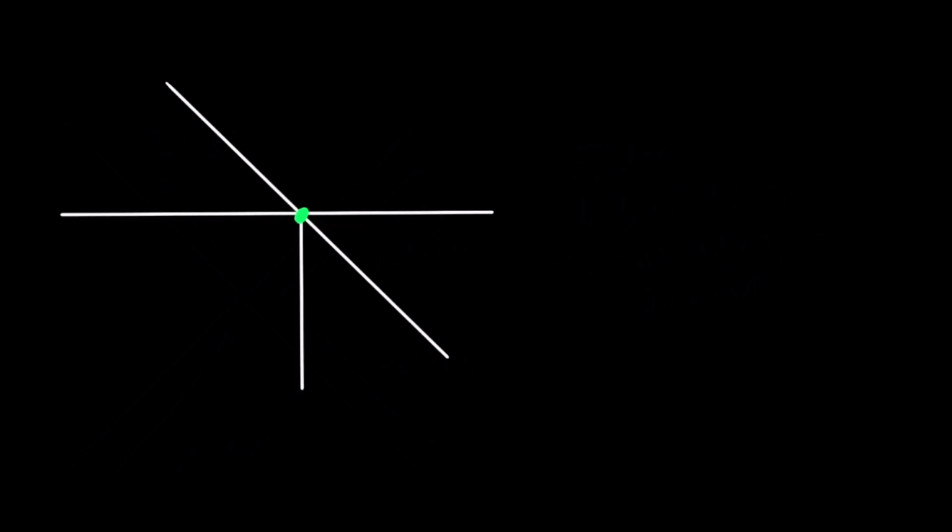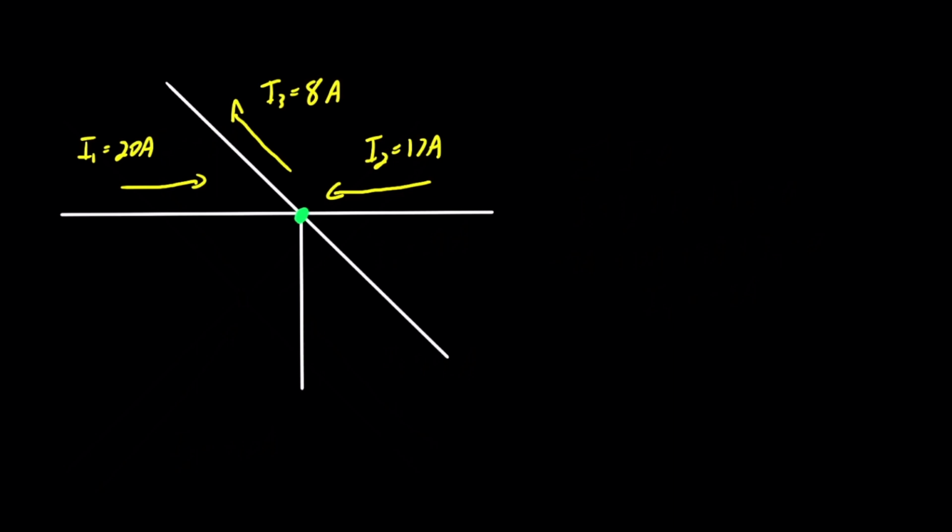Now, let's do another example. Let's say we have this formation right here. And let's also identify one current that's going into the junction and another current going into the junction as well. We also have a third current going away from the junction, and now we have two unknown currents.